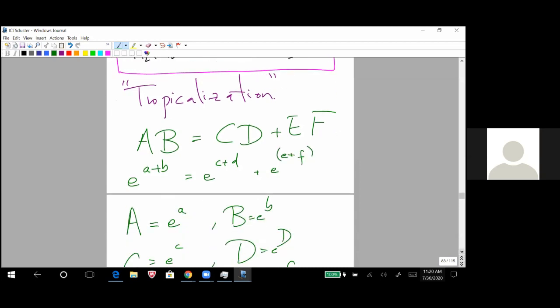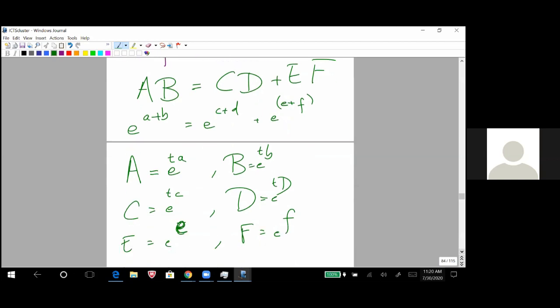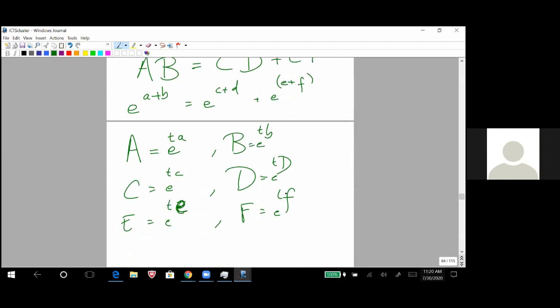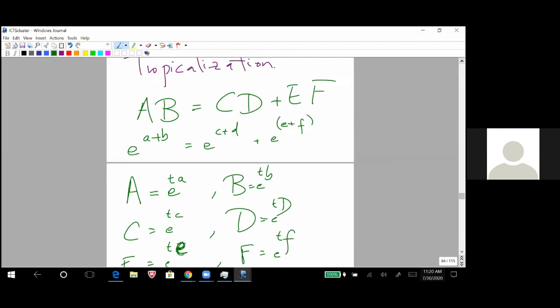Okay. And in fact, let me now imagine putting a parameter here that I'm going to control to send things to infinity. So maybe I'll put a t in front of everything. Okay, so I have an e to the t in front of all of this.